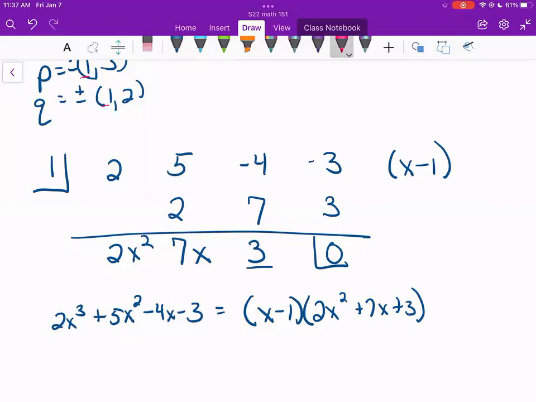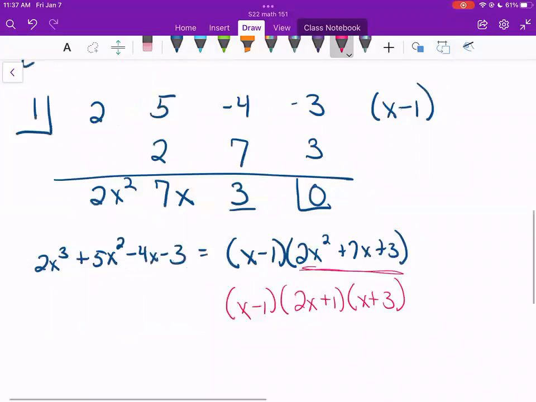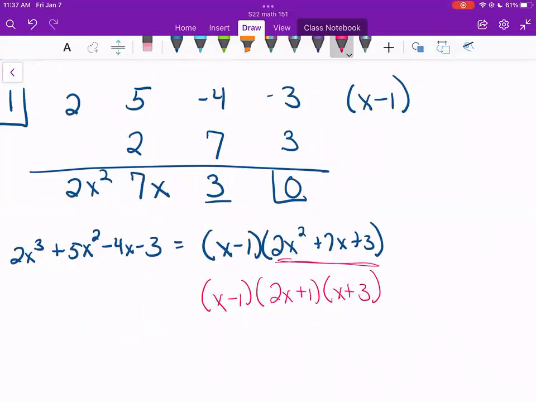But now I can further factor this using the AC method. And so I can factor this into 2x plus 1 times x plus 3. And notice here I can still use that rational zeros theorem, and I can do p over q.